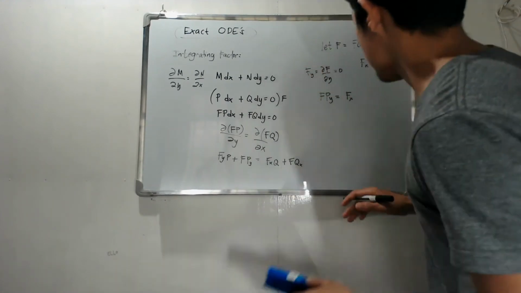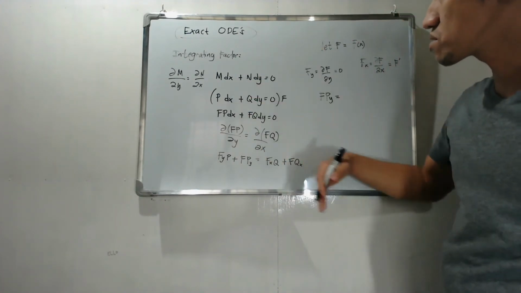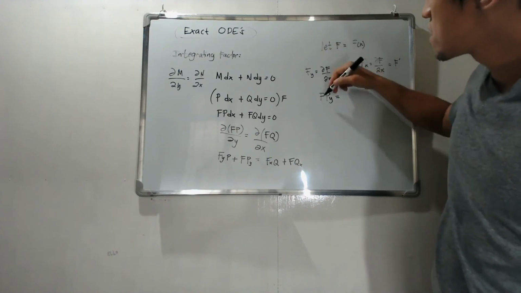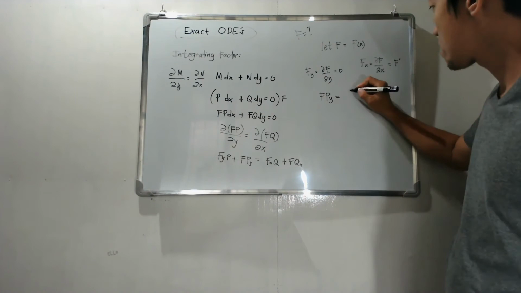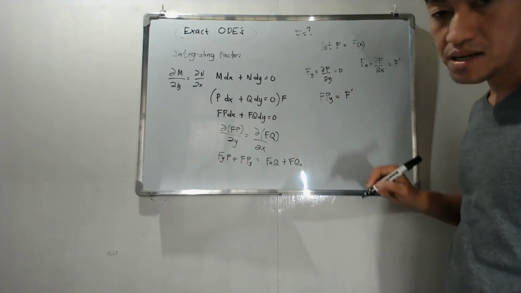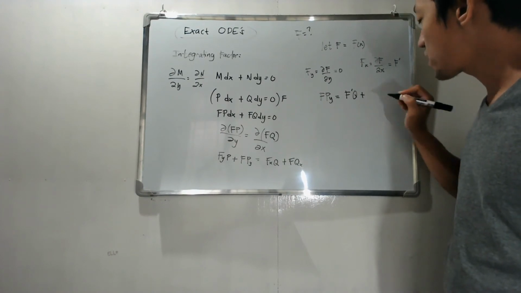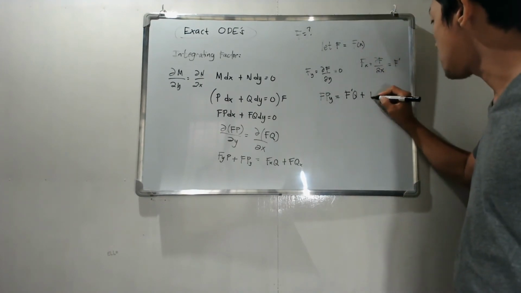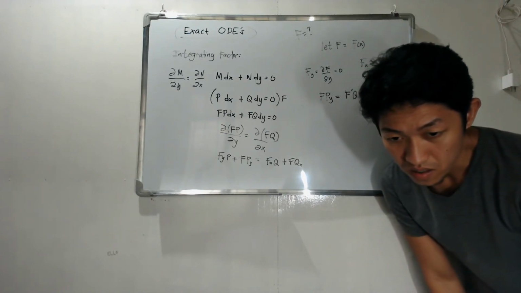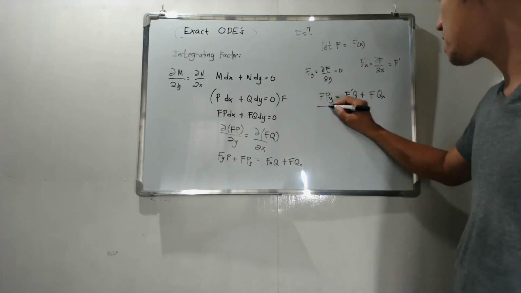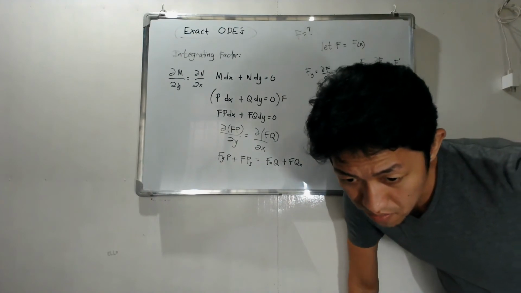Don't be confused. What we are doing here is trying to find the value of this f. So f P sub y equals f prime Q plus f Q sub x. Let's divide this one by f Q.